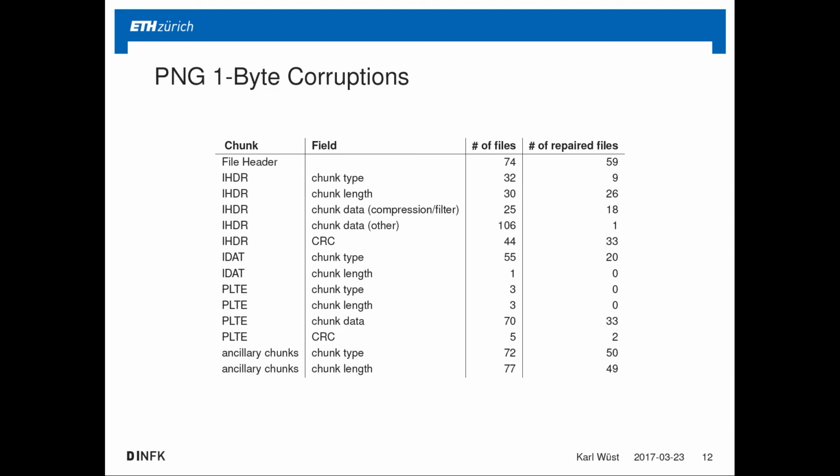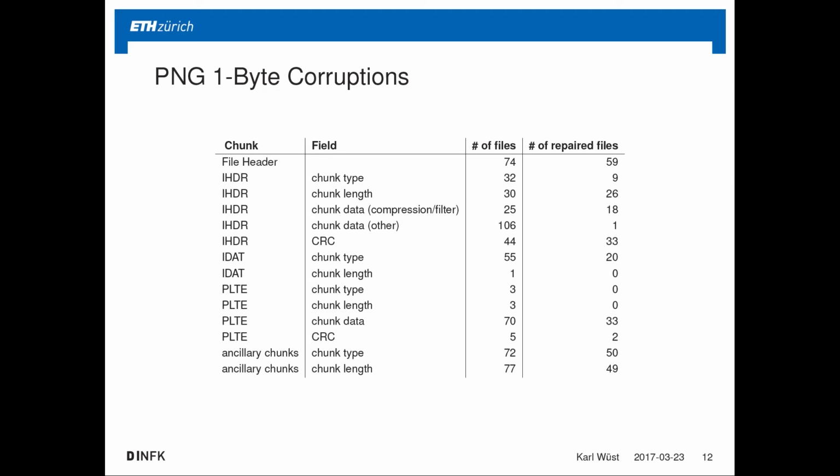On the other hand, if we look at this line here, iHeader is the image header of the PNG, and this stores information such as the image dimensions. And these corruptions that we have here, chunk data, other, most of these are actually in the image dimensions. So for these kinds of corruptions, we're only able to repair very, very few files.